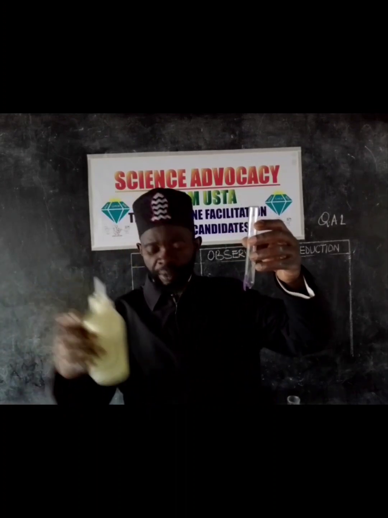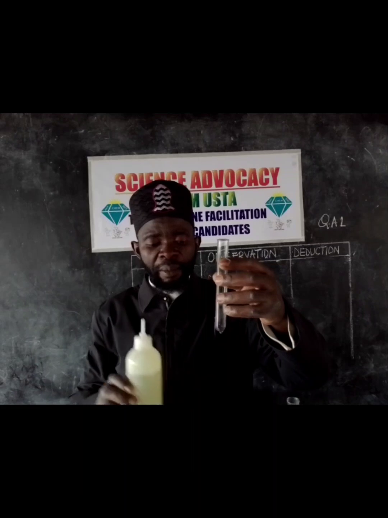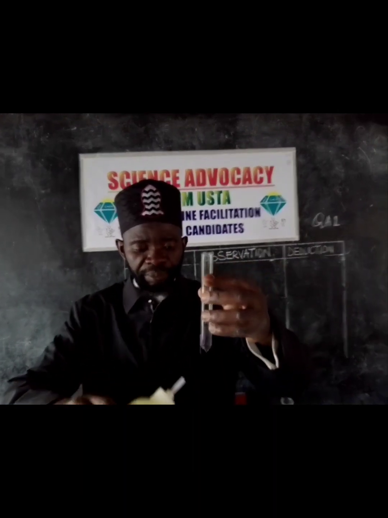Then we bring our dilute nitric acid. We are going to add onto our residue, and if effervescence occurs, this drop here is going to indicate for us whether there is carbon dioxide or there is no carbon dioxide by making a change.